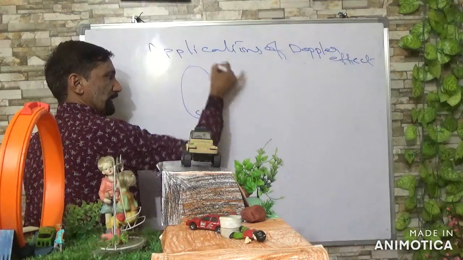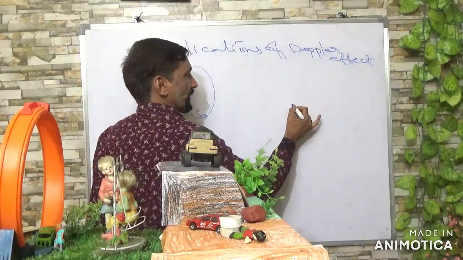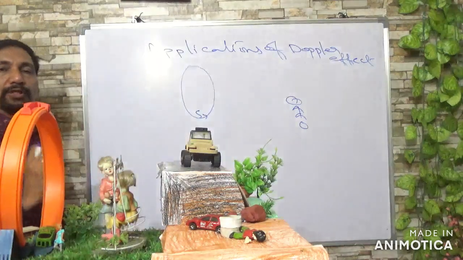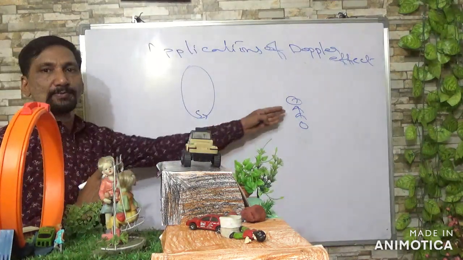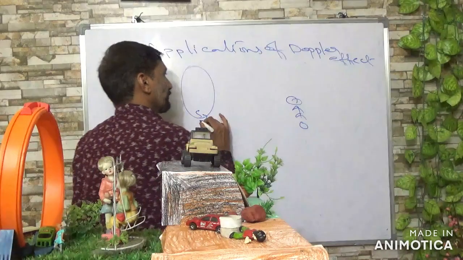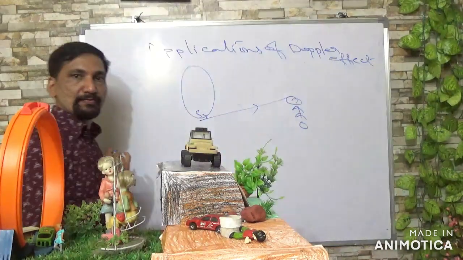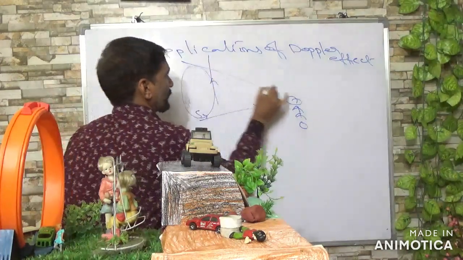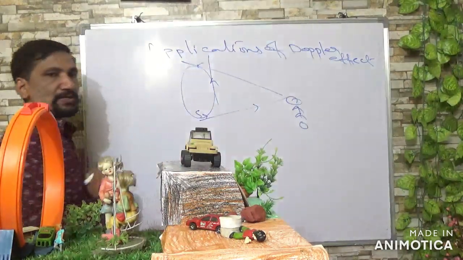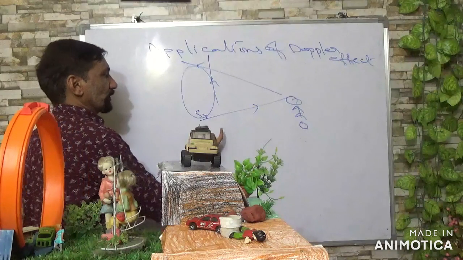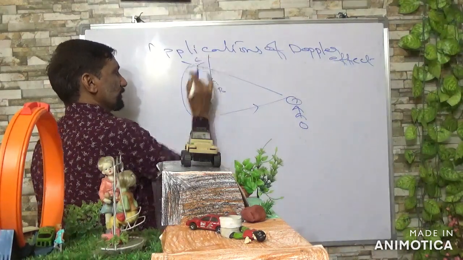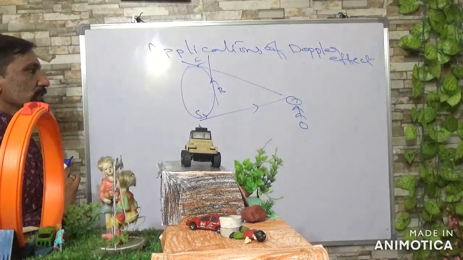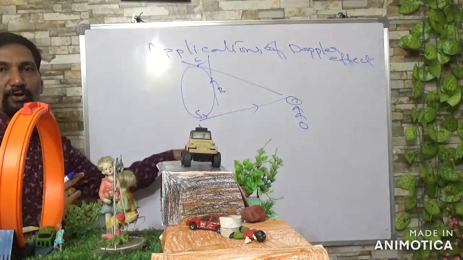There are three possibilities for the observer. At one point he may receive more frequency, at another point the same frequency, and next less frequency. So I have chosen 3 points, source at A, B and C. The source is moving in a circular path.